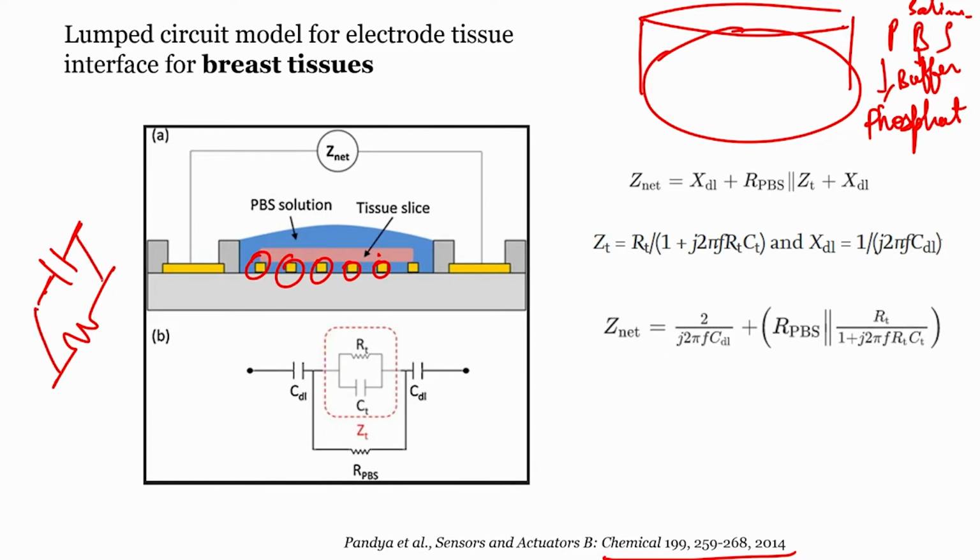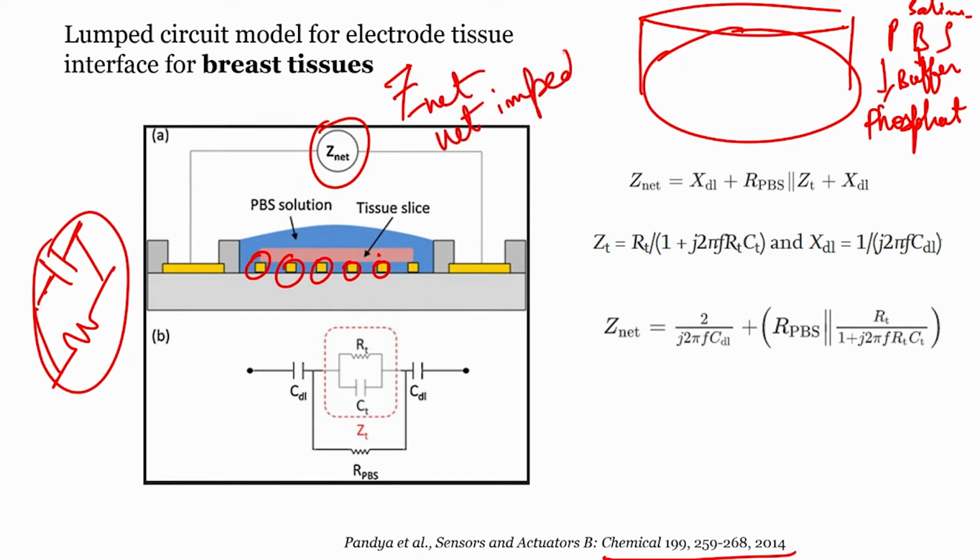Similar thing we will take forward from there, to see how this combination along with the electrode can be used to come up with an expression for the net impedance. Z net here is the net impedance of tissue and electrode.